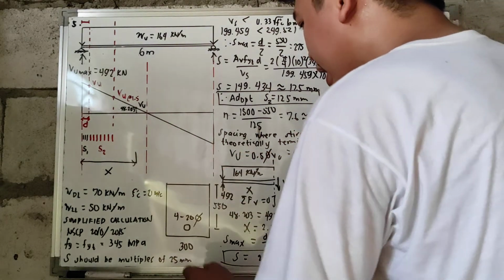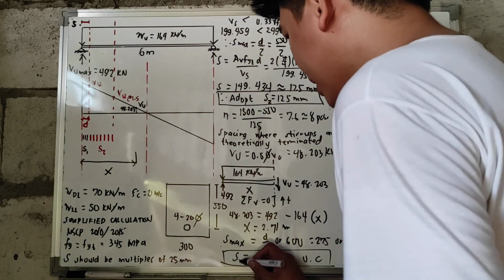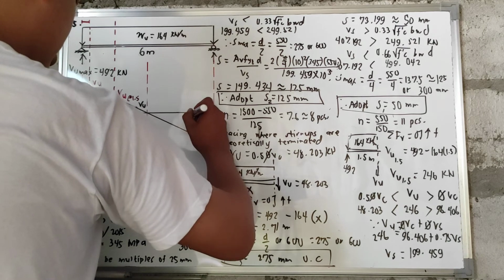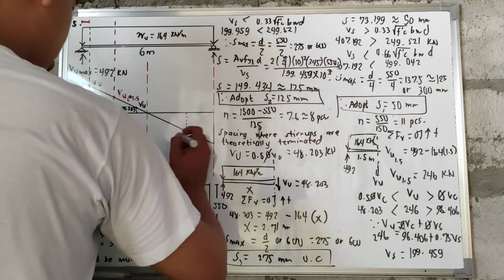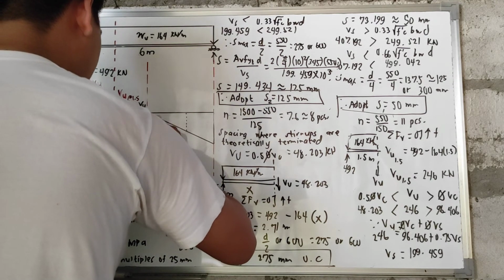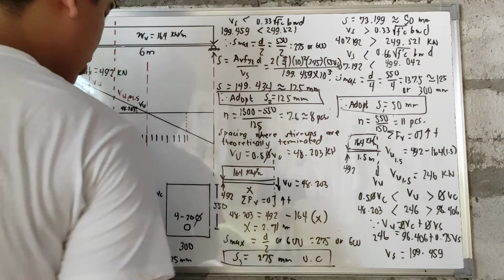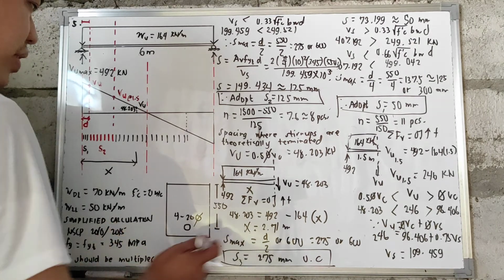So gawin na lang natin is, yung nakuha natin na spacing dito, ilatag na lang natin siya dito sa gitna na lang. So sabihin natin at this distance, dito na lang natin siya ilatag. So gawin na lang natin siyang uniform. So, at this distance niya, dito sa gitna natin, yung spacing niya will be 275.